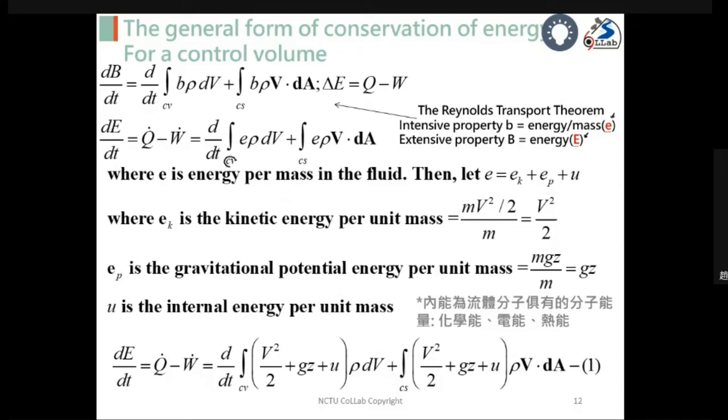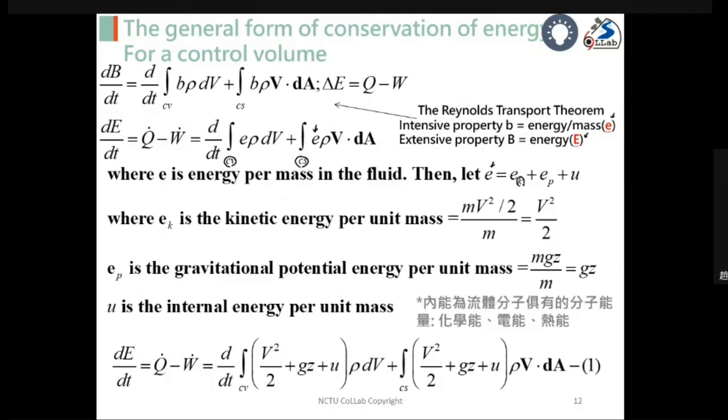So we know that dE/dt is equal to the Q rate minus the W rate, equal to the energy change in the control volume with time, plus the energy flow exchange around the control surface.